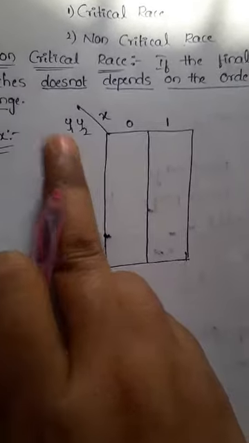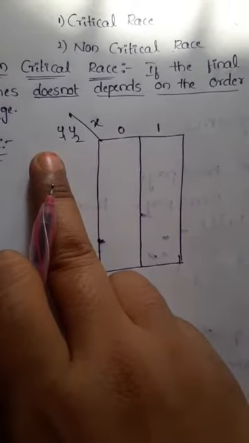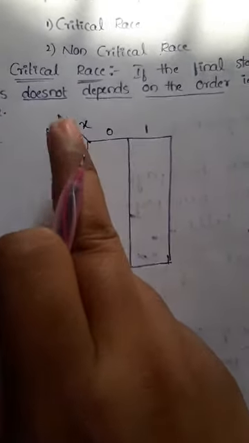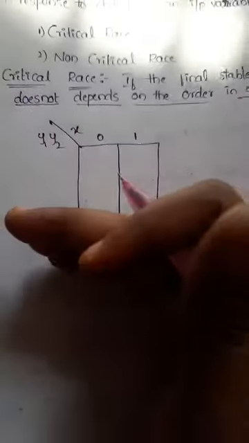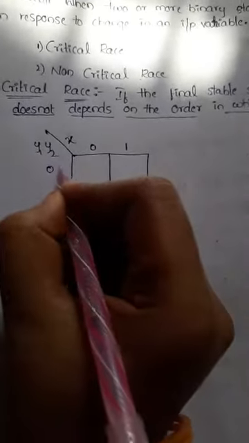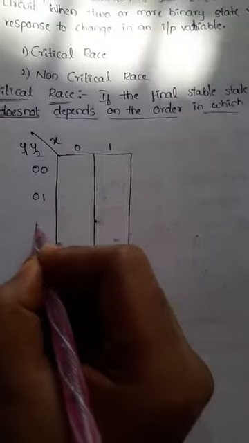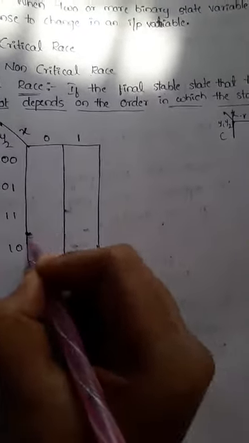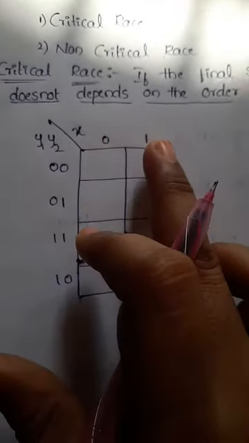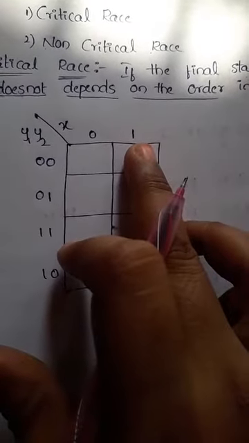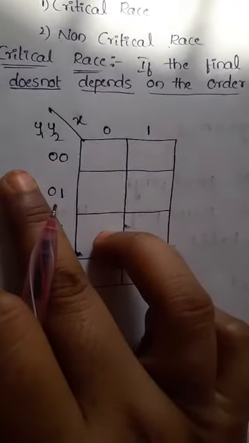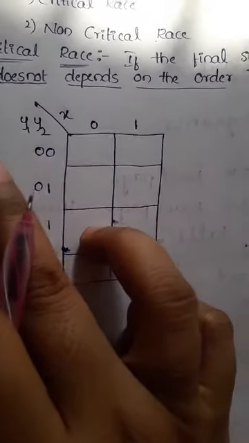Likewise, for the present state, that is y1 and y2, how many possibilities do we get in binary combination? Totally 4 possibilities: 0 0, 0 1, 1 1, 1 0. So let us consider one input, the normal input x, with combinations 0 and 1, and the secondary variables y1 and y2.